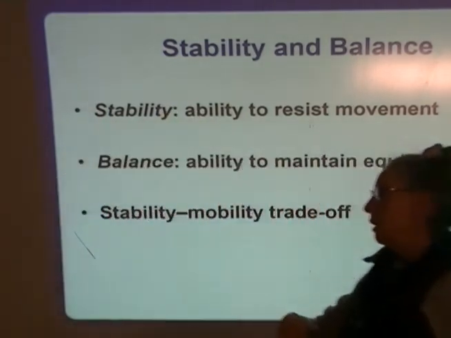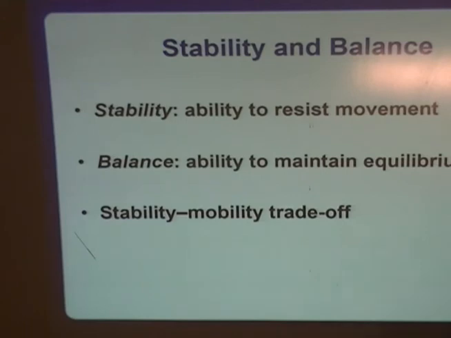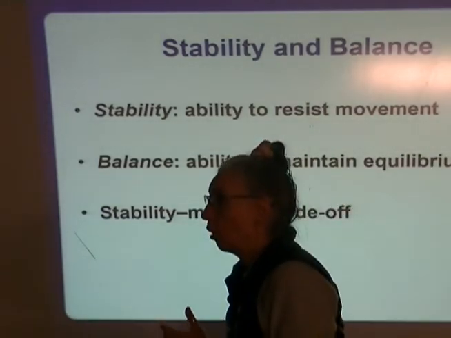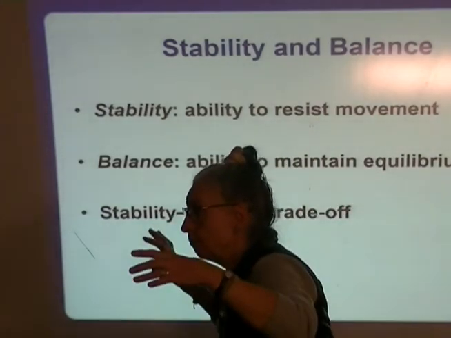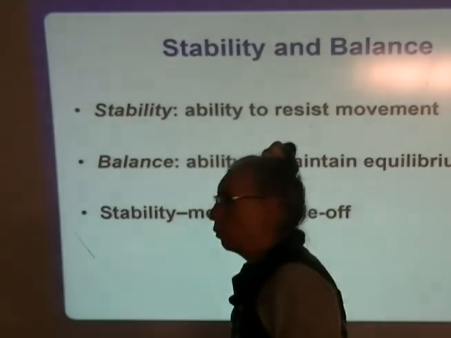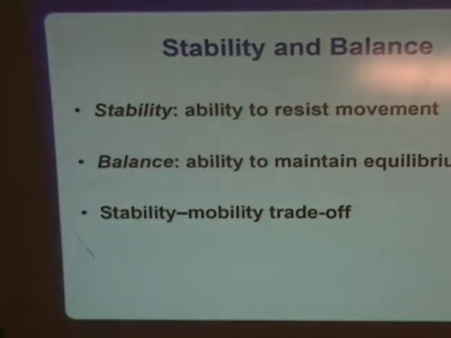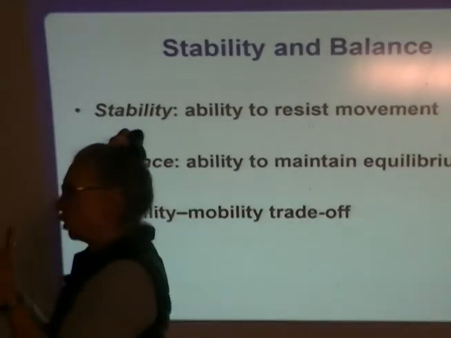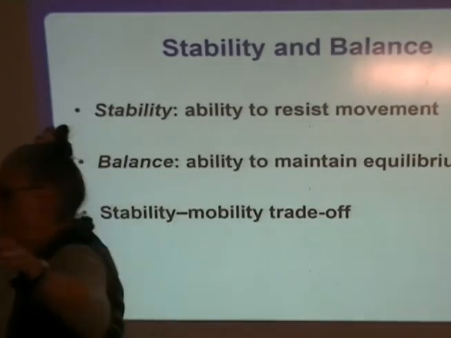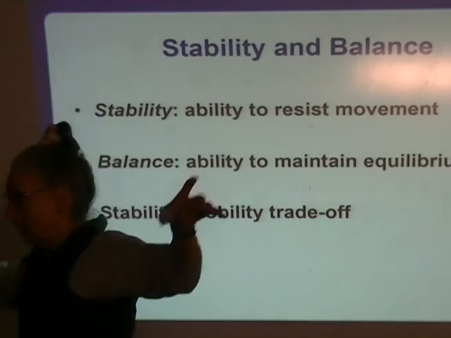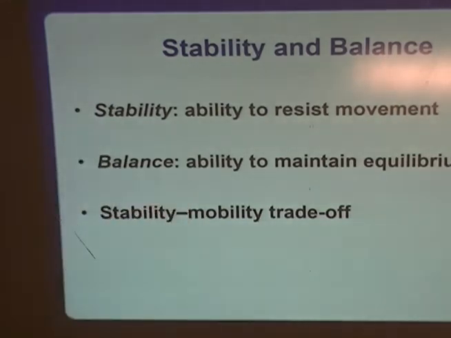By the time we get to stage 4, we have a flight phase, a one-footed balance scenario: we push off that foot and land on the other foot. It's much less stable because I'm on one foot and this leg is swinging around, but I can move much more quickly.